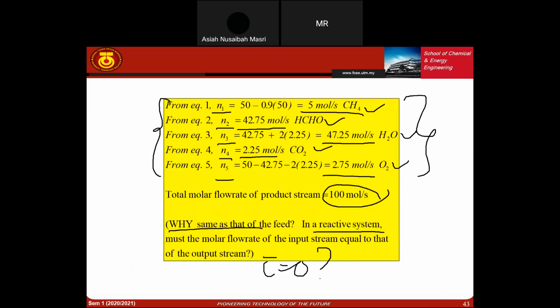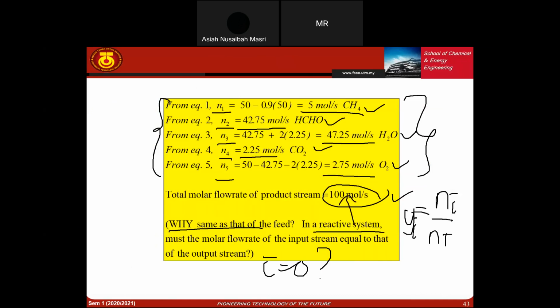Okay, now we already have the total molar flow rate of the output. We have the molar flow rate of each component of the output. What we are going to do now is find the composition. How do we find the composition? So Y, which is the composition, is equal to Ni over N total. That means the moles of the individual compound that we are interested in, so this will be Yi, over the total moles. So the total is 100 mole per second. How much is Y CH4?